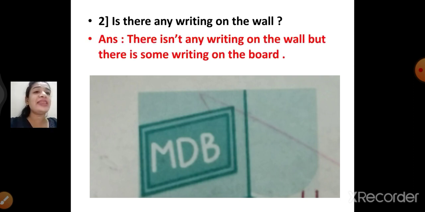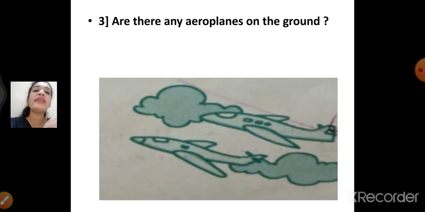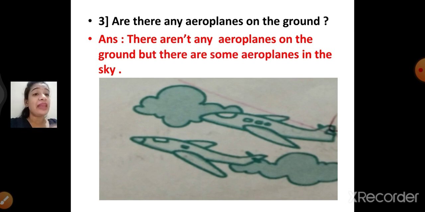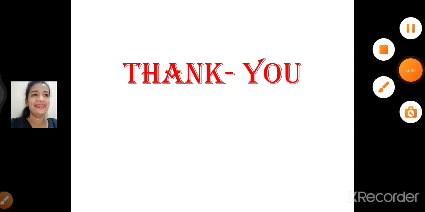There isn't any writing on the wall, but there is some writing on the board. Third one, are there any aeroplanes on the ground? There aren't any aeroplanes on the ground, but there are some aeroplanes in the sky. Thank you.